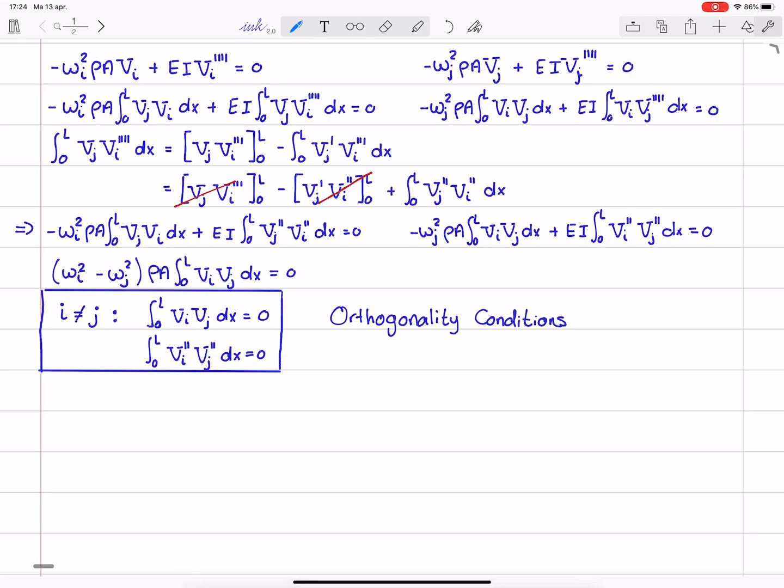Now for i equal to j, of course omega_i equals omega_j, and that means that this integral can be any finite number.